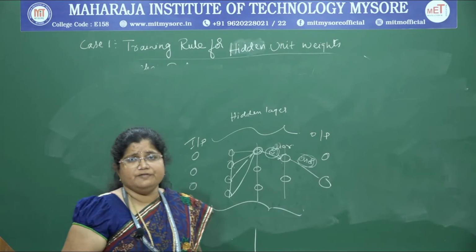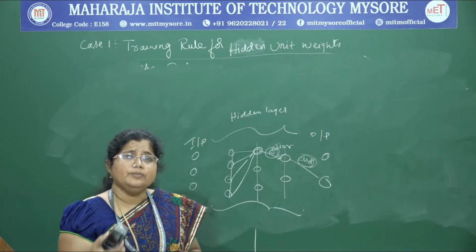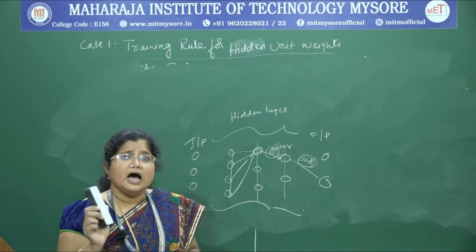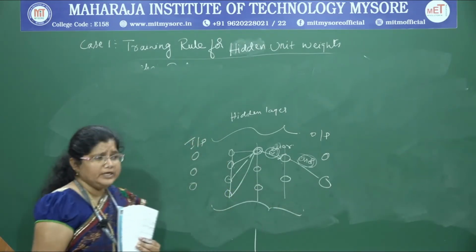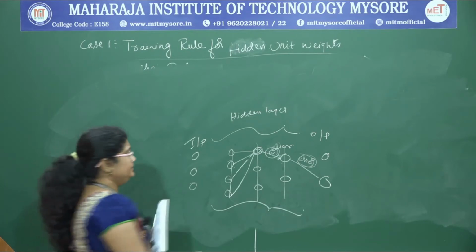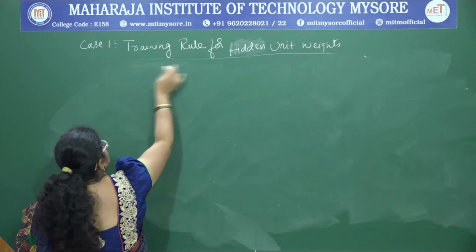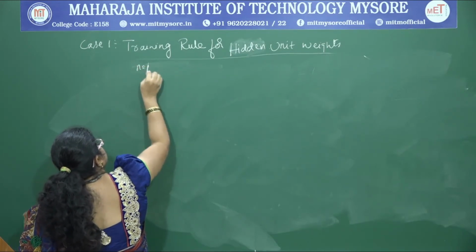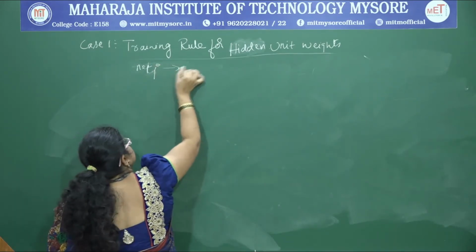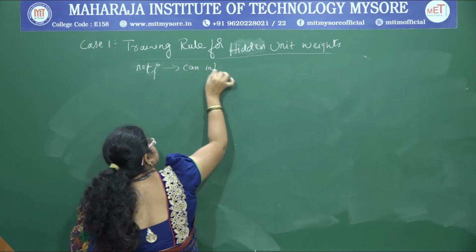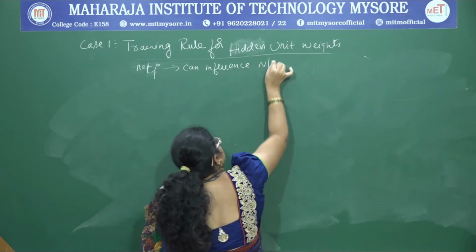Now let us look at this derivation. With this derivation, we come to know how we are going to update the weights in the hidden layer at the jth unit. The jth unit has a downstream of units which are present in a hidden layer. The net j can influence the network output.